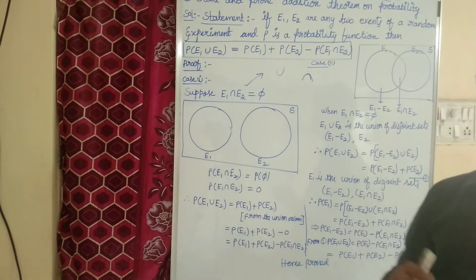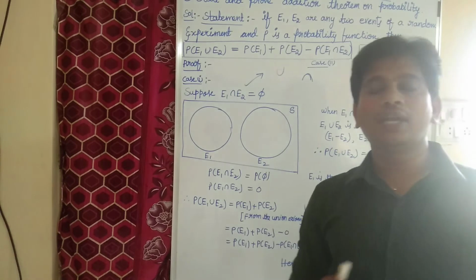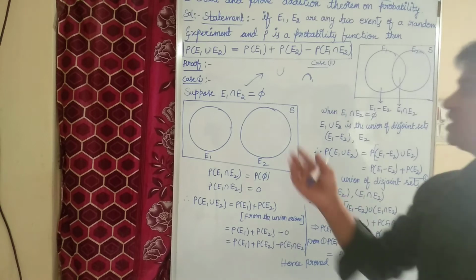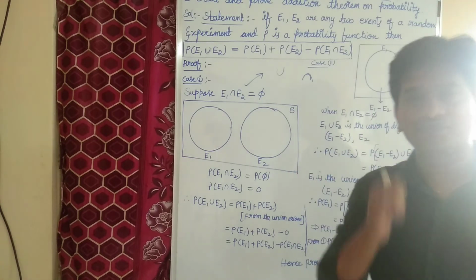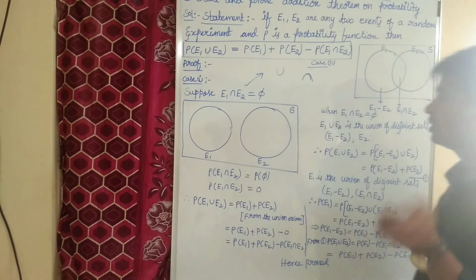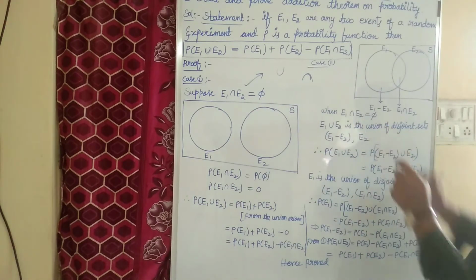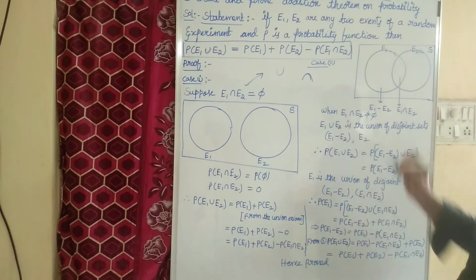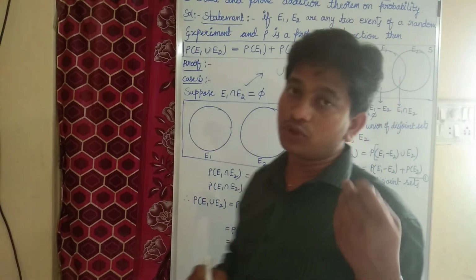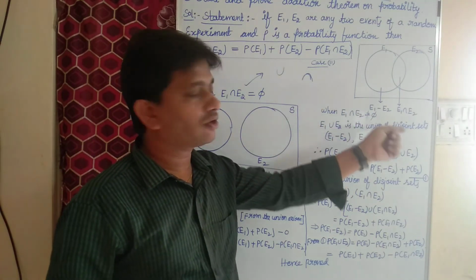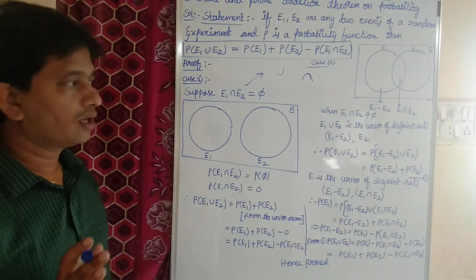I mean there are no elements at all. If two sets do not have any common elements, we say that they are disjoint events, right? So case 1 is E1 intersection E2 equal to pi, and case 2 is E1 intersection E2 is not equal to pi. That's all. Okay, now coming to case 1.